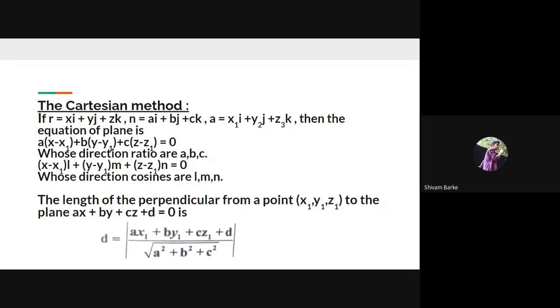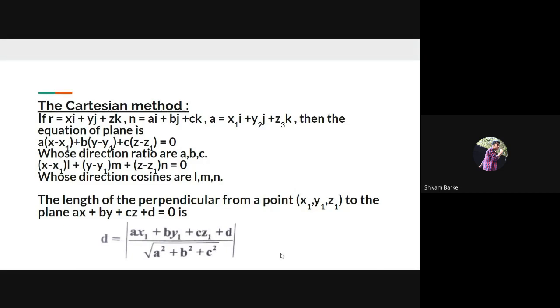Here the direction ratios are a, b, c, and we can also write it in direction cosines. We all know that we can take the direction cosines as l, m, n. So (x minus x1) l plus (y minus y1) m plus (z minus z1) n is equal to 0. This is the same equation as the above one.